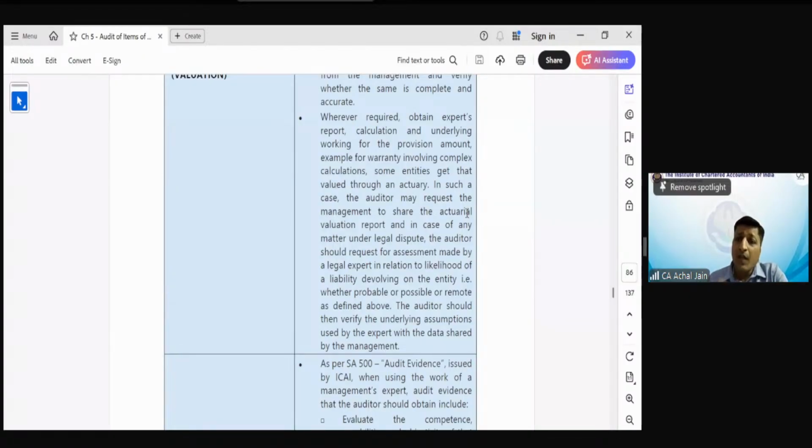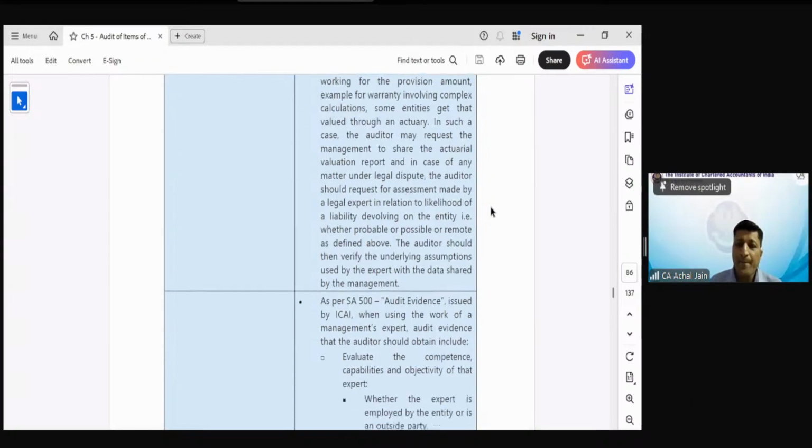So now, whenever the management's expert is involved, of course, the auditor will review the work of the management expert. But at times, the auditor may also consider whether there is a need to involve his own expert or not. So that is again something which is important, which is required to be looked at. Clear?